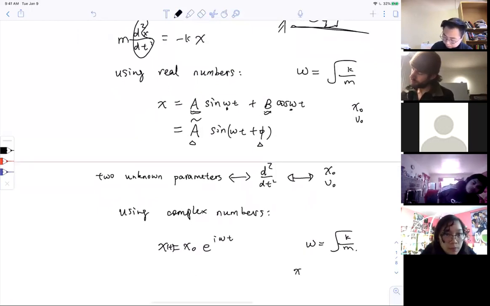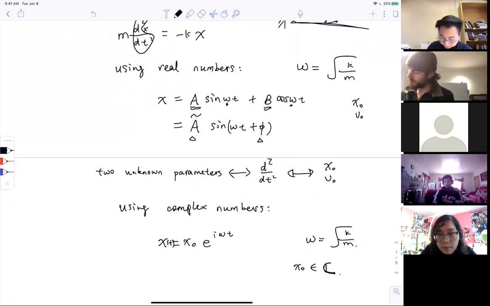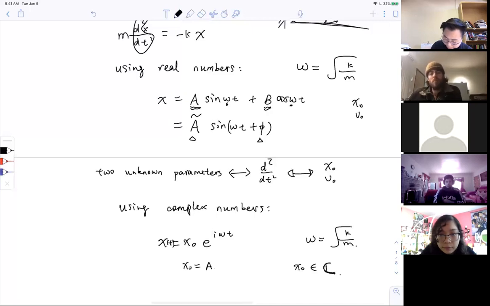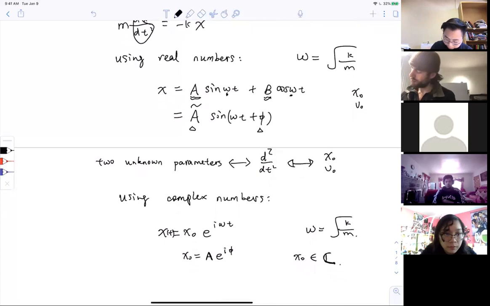Here x naught in general is a complex number, C stands for complex number. If we write x naught as A exponential i phi, this is the polar form of a complex number. Then we get A exponential i omega t plus phi.